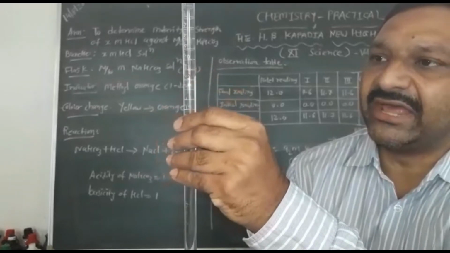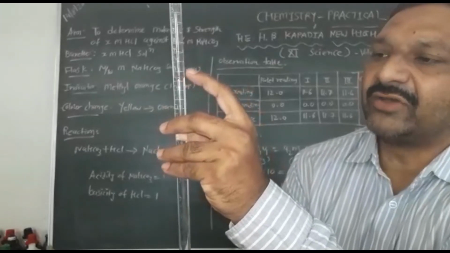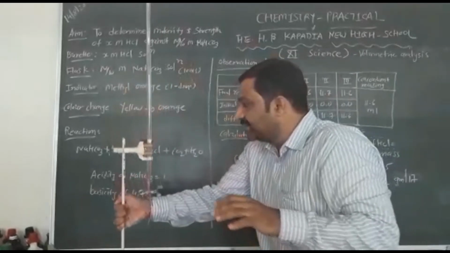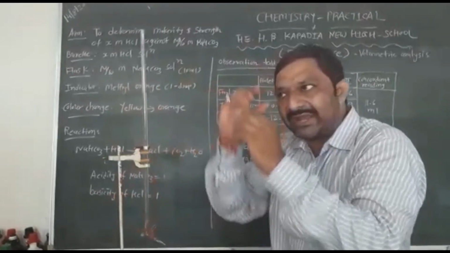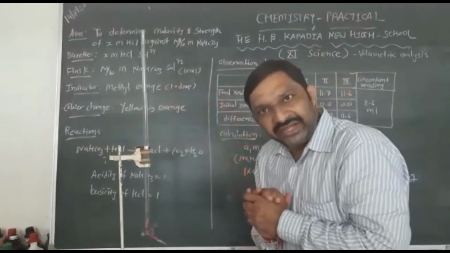Here is your 11, here is your 12, here is your 0.5, so 11.6 something is my burette reading.